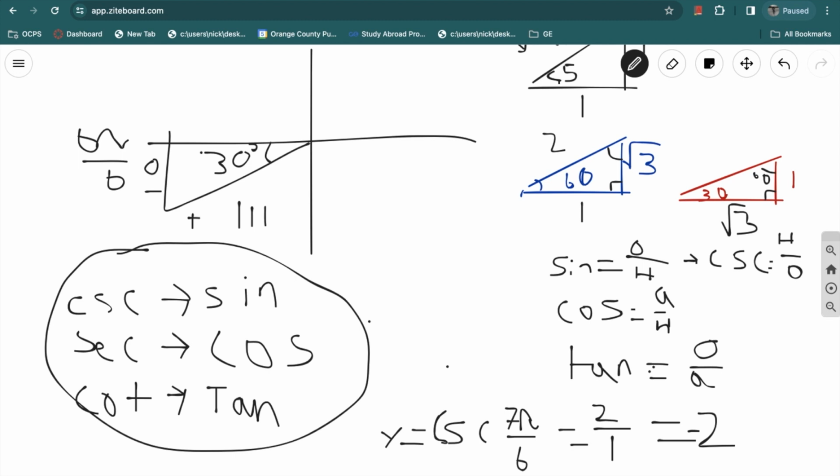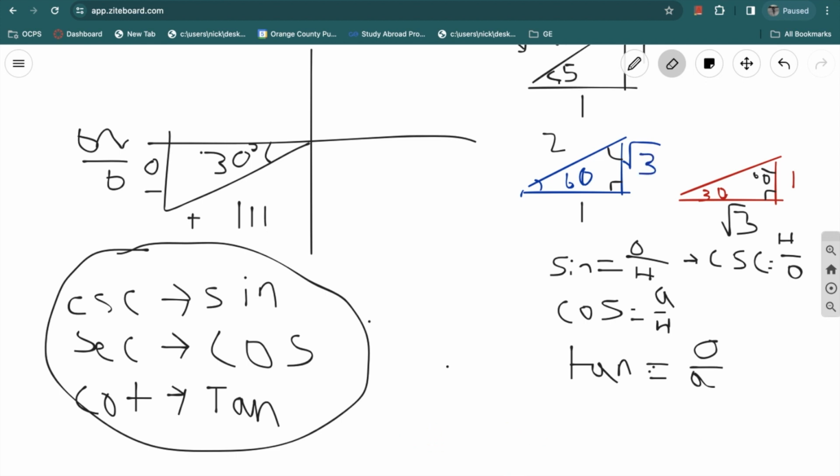Now let's look at cotangent. We're going to do two types of cotangent problems. Cotangent is the opposite of tangent, so it's going to equal adjacent over opposite. And it's basically the same as sine and cosine.